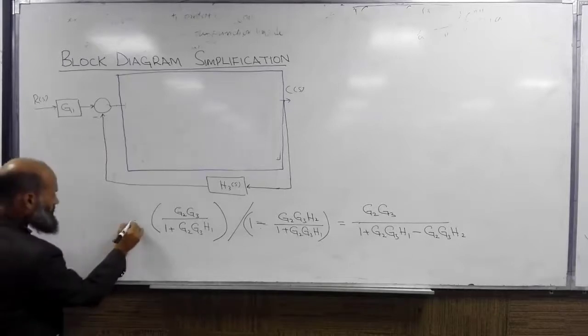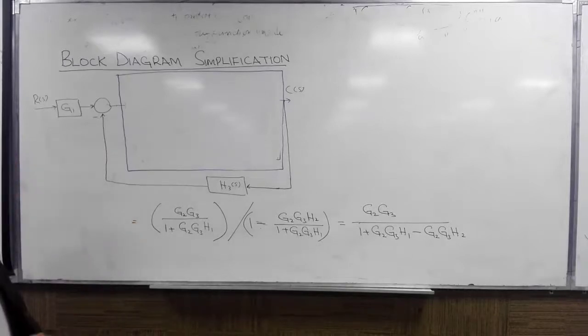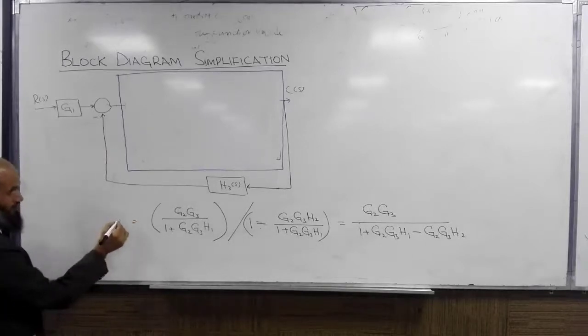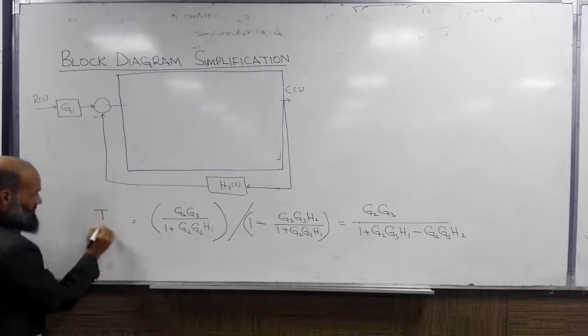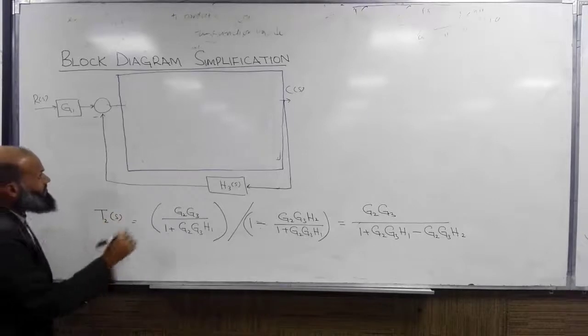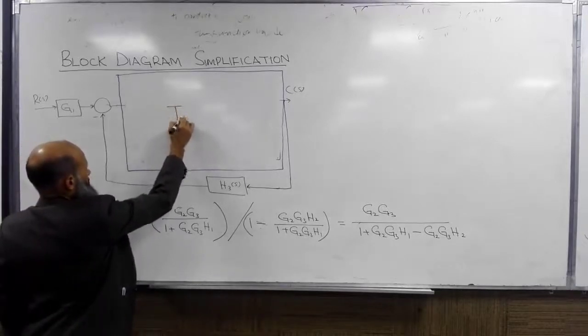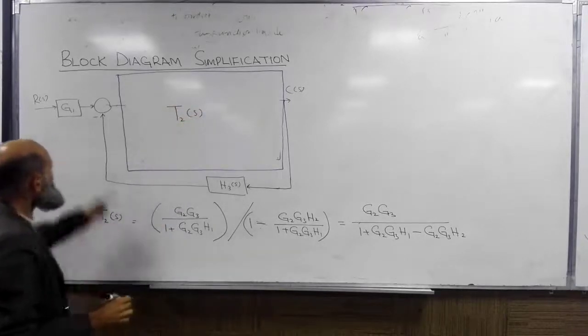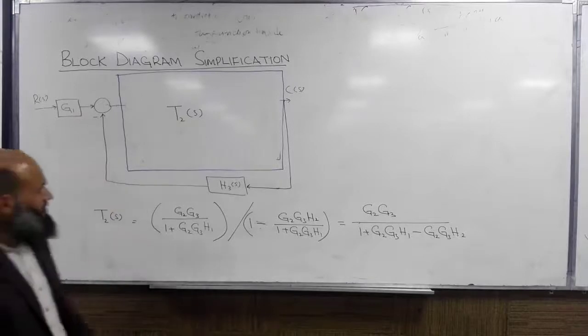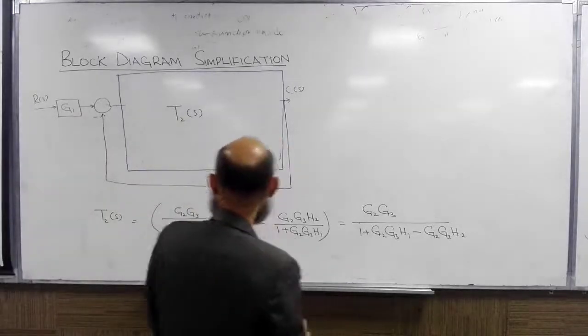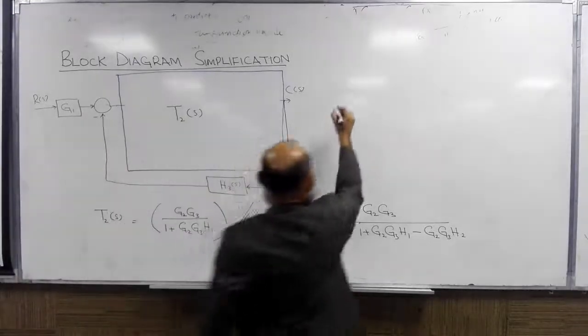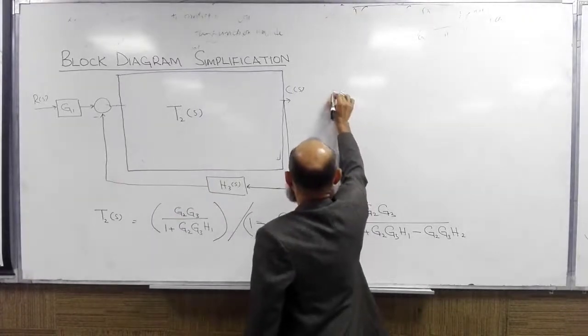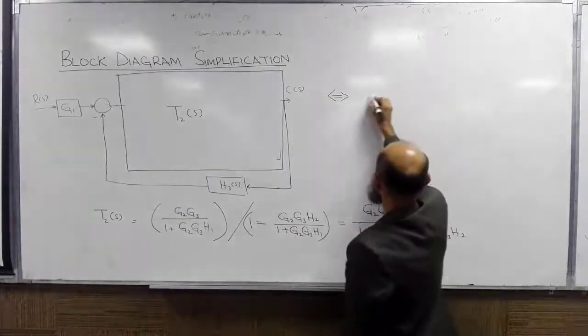Let's give it some name so that it is easier to write. So we call it T of S. Here is T2 of S. Again, another feedback connection. So we can replace this by this system.